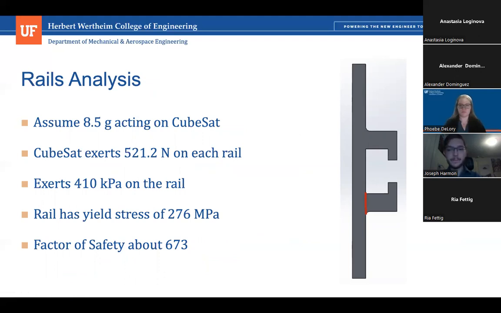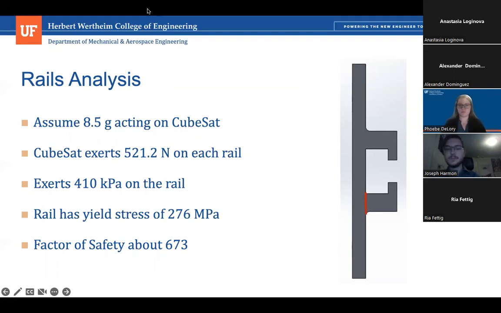Oh, okay. Additionally, we had to make it out of aluminum so that we wouldn't have negative material interactions, because that was the material that our aero group was using for their T-slots, and they requested us to use the same or similar material so that the two materials would interface.